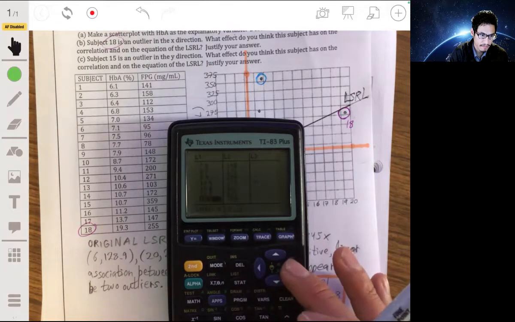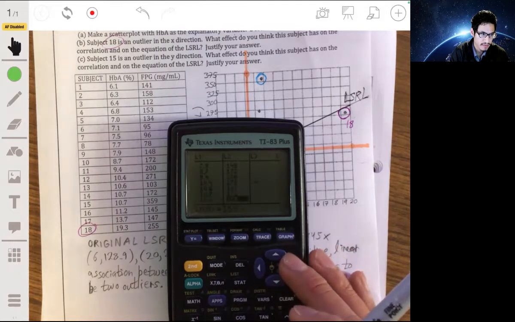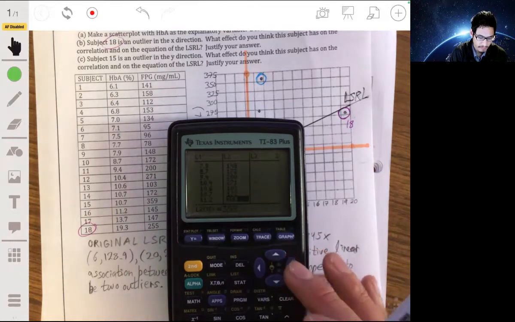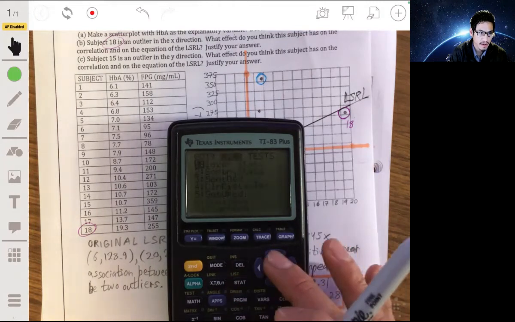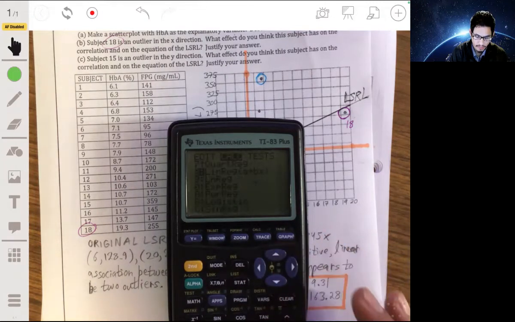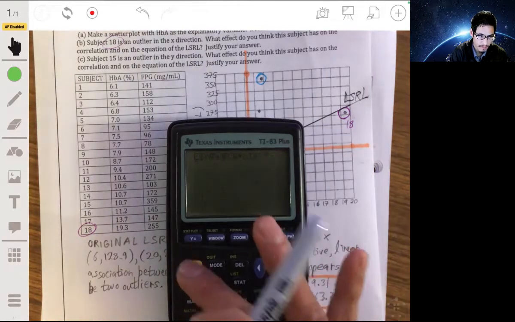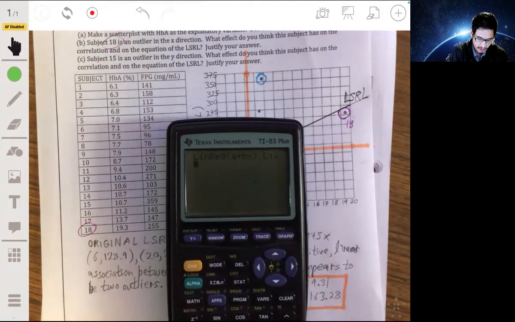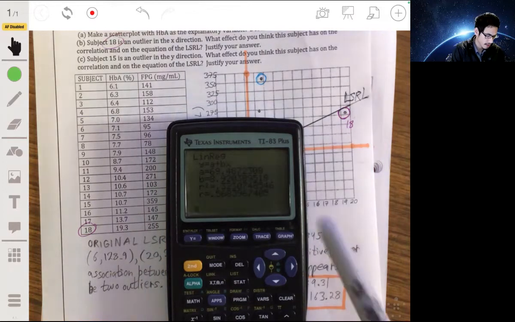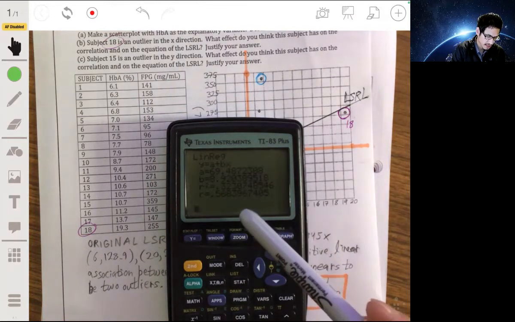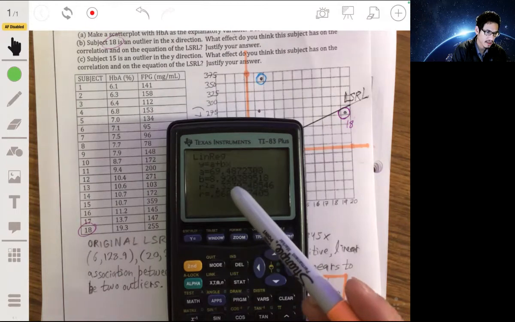Bang, he's gone. Now let's calculate our linear regression. L1, come to L2, and let's see what happens. And here you go. Your new y-intercept is about 69.5, and the slope is about 8.9.